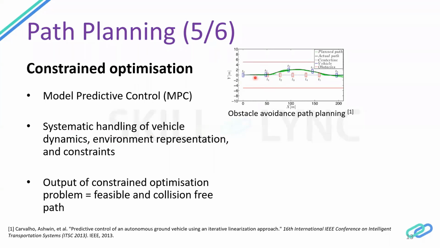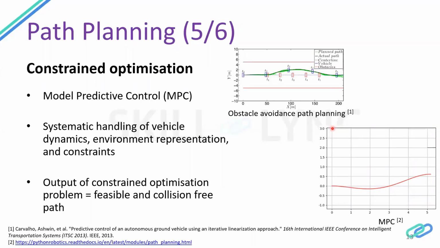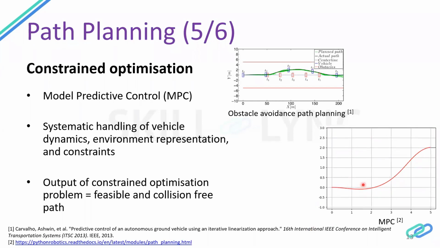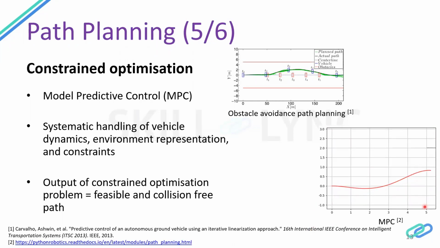The initial path was straight going ahead, but then as the vehicle moved ahead, it had to go around the obstacle, and then it successfully navigated it. At snapshot T5, the obstacle vehicle is somewhere at 160 meters, but our host vehicle has already overtaken and gone ahead. And this optimization would look something like this if you want to visualize it in real time. This is the initial position, and this is the final position that it needs to go to.